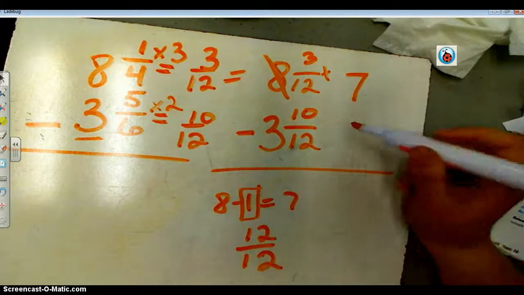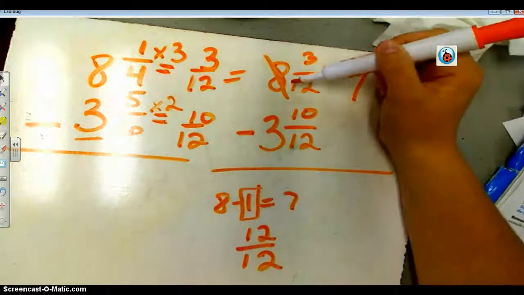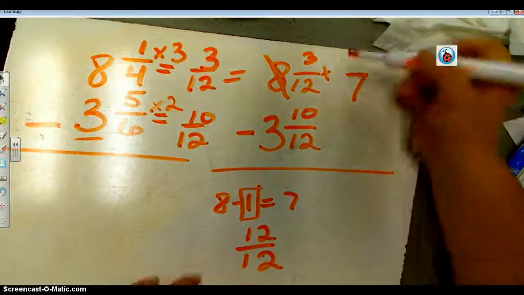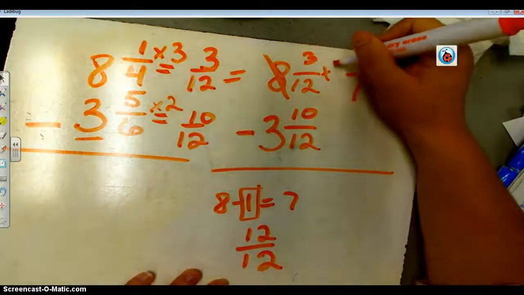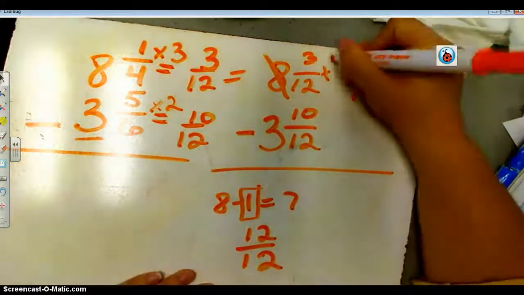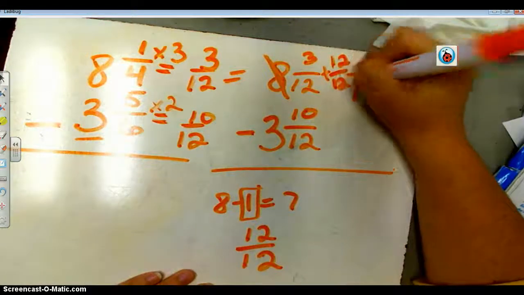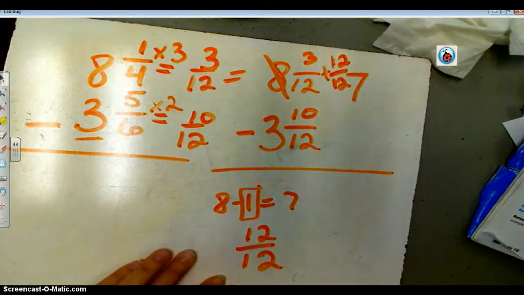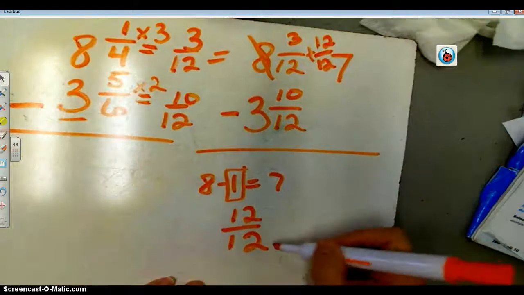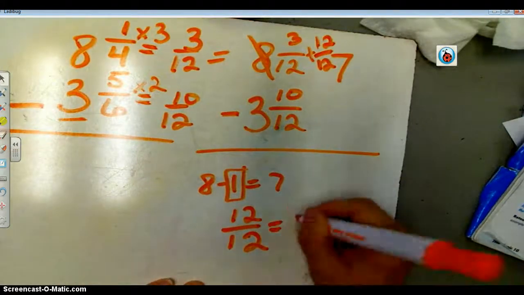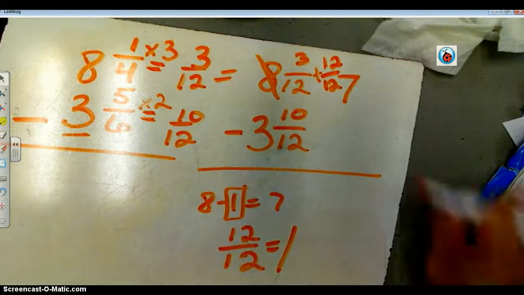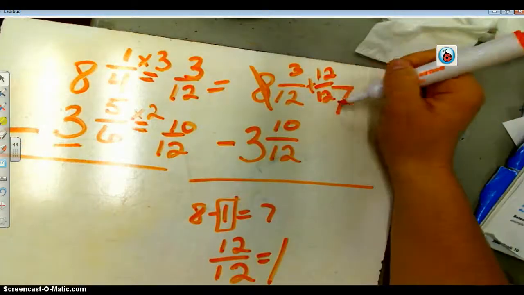So listen, I'm taking 1 away from 8, making it 7. And I'm adding 12 over 12, because 12 over 12 equals what? 1 whole.